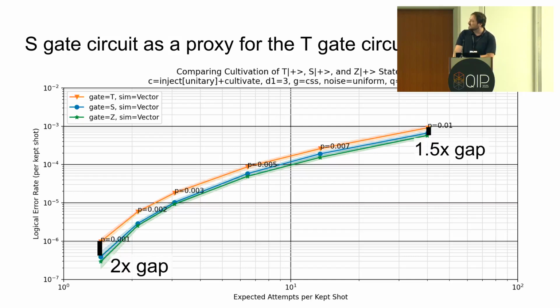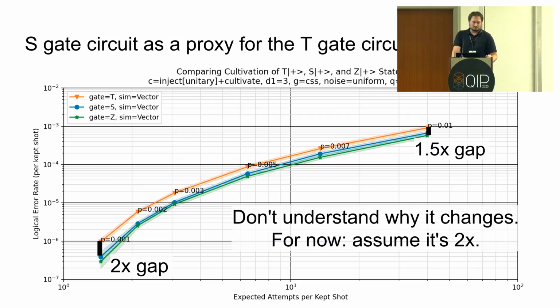This is something that I wish I understood. Hopefully in the future we'll come up with better simulation methods for this, so that this is no longer a concern. In the paper, we just assume it's 2x. We very prominently say this.